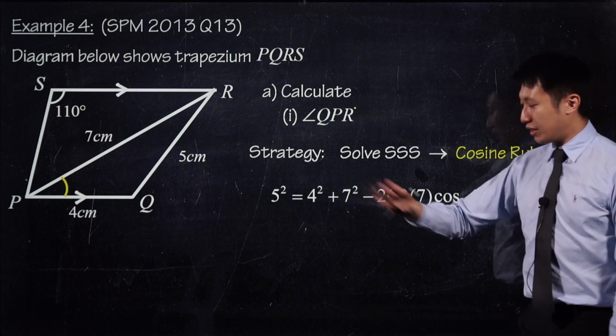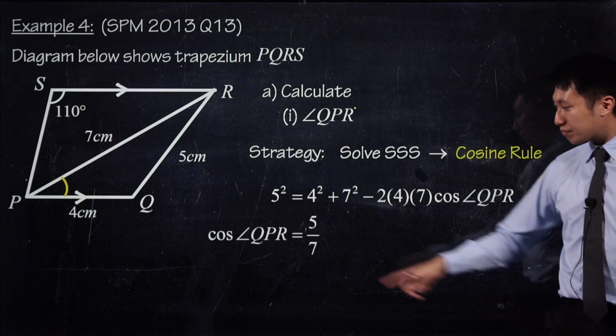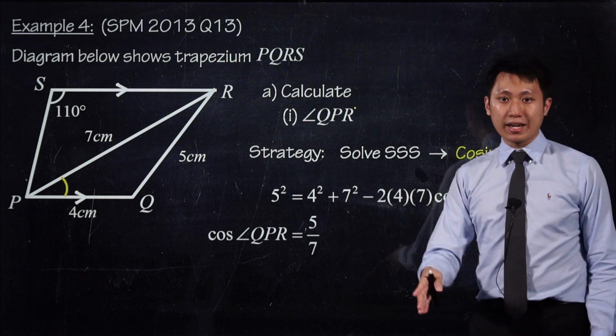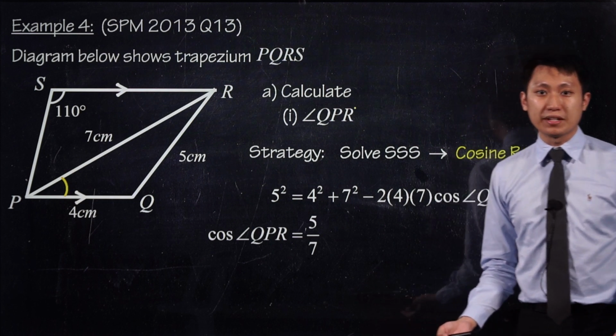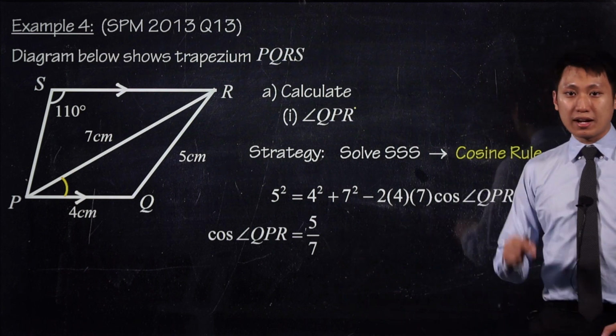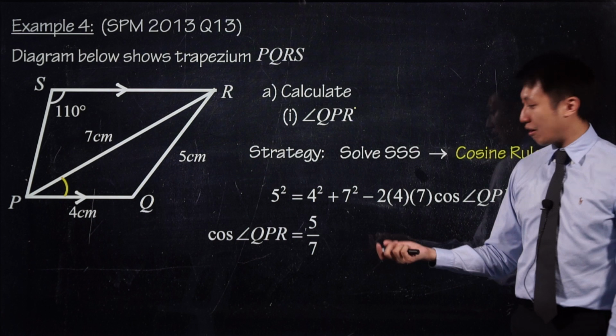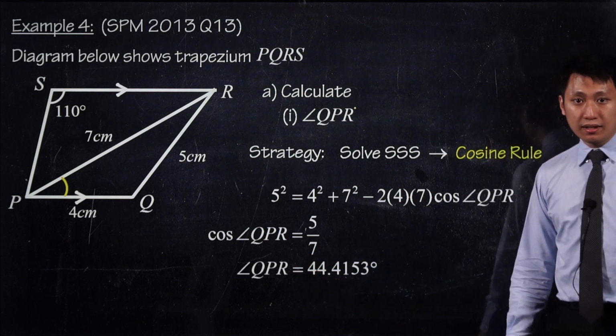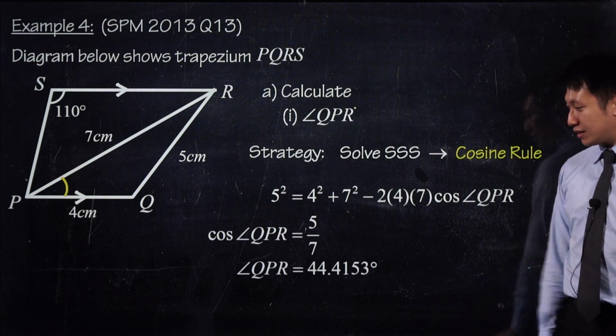Move everything to one side, and remember what I said: use fractions, because you don't want to truncate and have more errors in the decimal places. After that, you press shift cosine in your calculator, you get an answer like this. So you got this final answer.